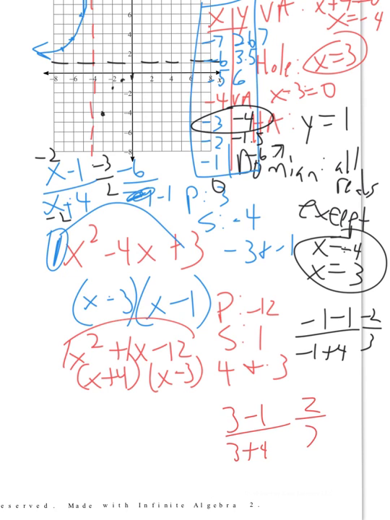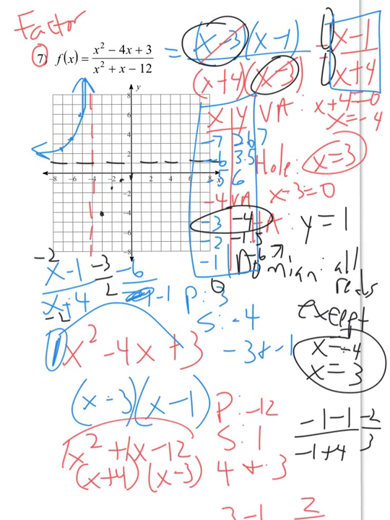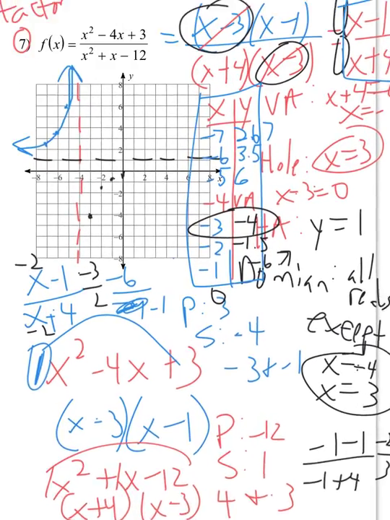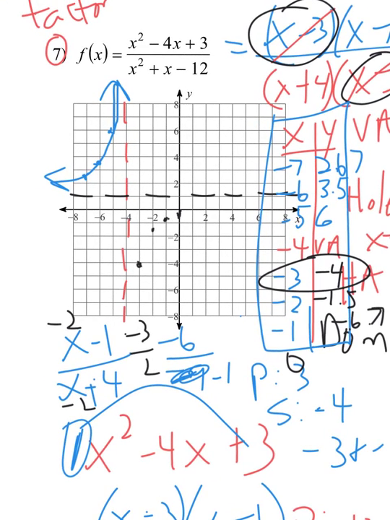So at 3, 2/7, so that would be right here, we have to put an open circle. And so this is going to basically go like this, and then it's going to keep going past that open circle and get close to our horizontal asymptote. And that's what the graph looks like. Very similar to the last one, except this one does have a hole in it.